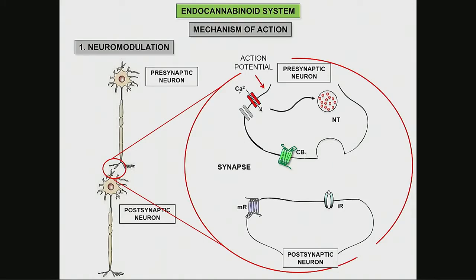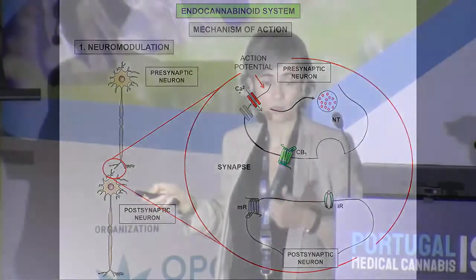As a consequence, neurotransmitters, and when I say neurotransmitter, I talk about dopamine, glutamate, GABA, all of those, are released into this synapse, into this interneuron space.